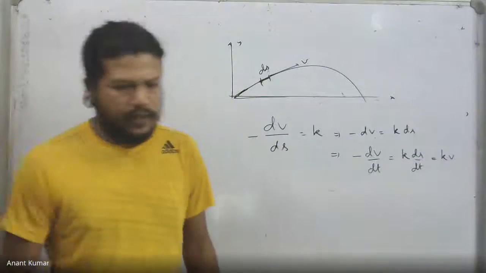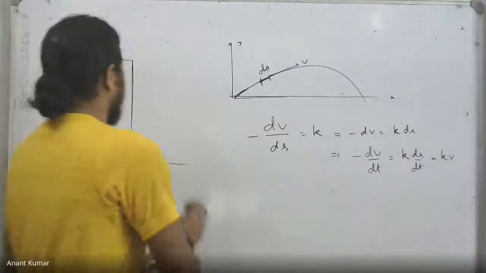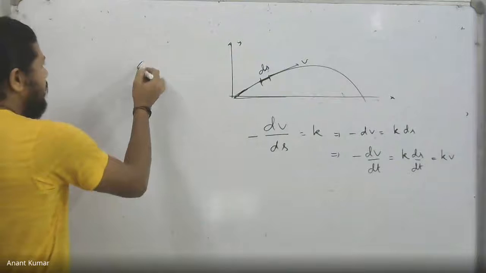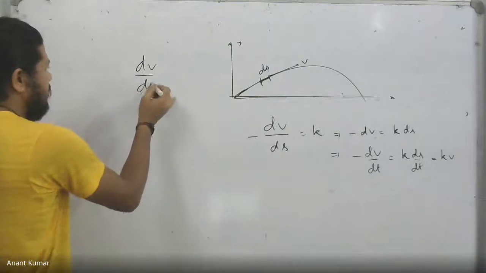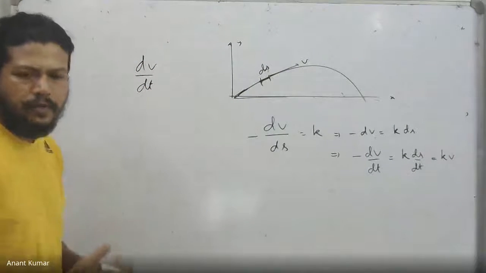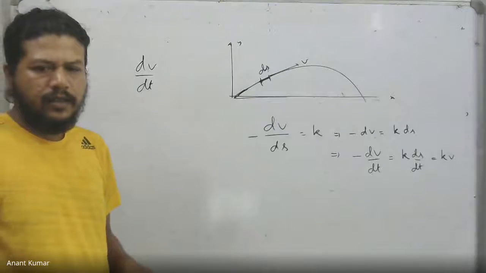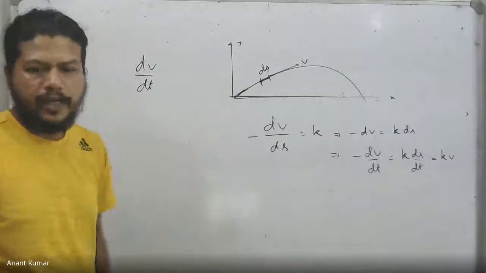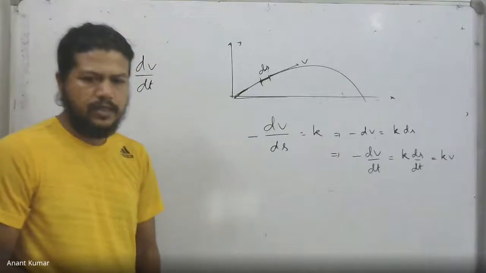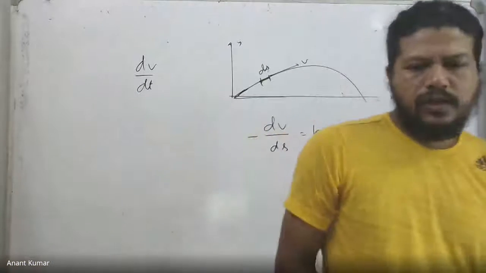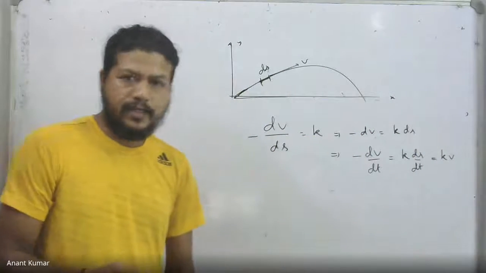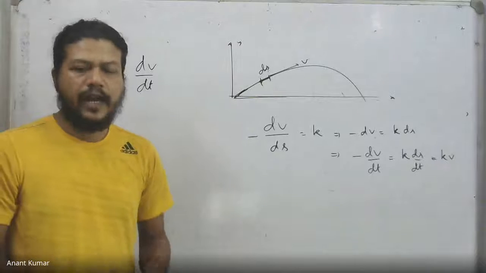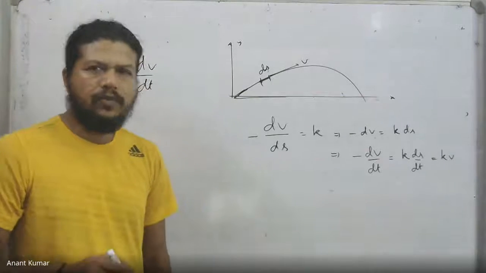Strictly speaking, dv by dt is in fact the acceleration, but this is referred to as the tangential acceleration, which implies the acceleration along the tangent, the rate at which the speed reduces. Whenever you have an acceleration which is parallel to the velocity, or at least in that direction, only that part can reduce the speed.